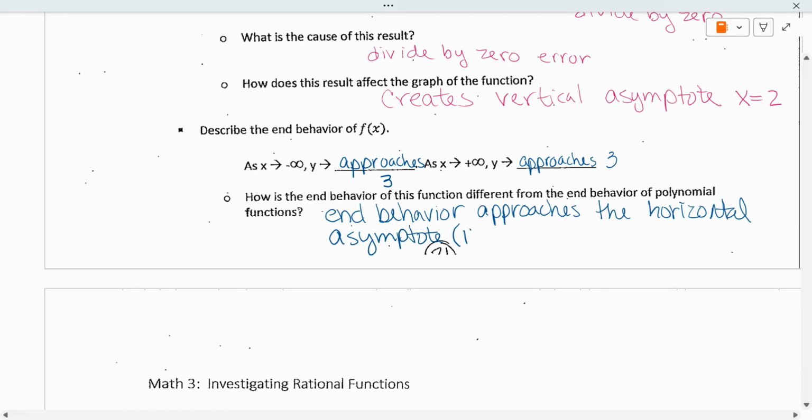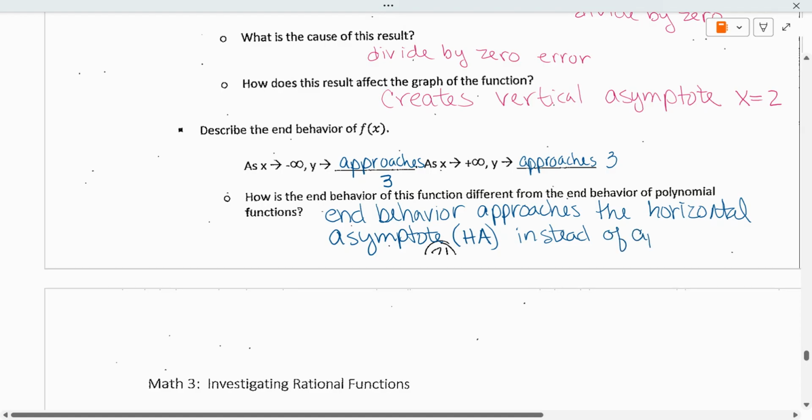We usually abbreviate that HA. It approaches the horizontal asymptote instead of approaching a positive or a negative infinity.